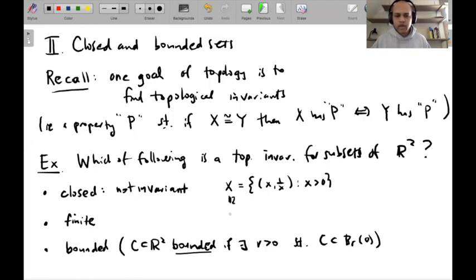This is topologically equivalent to Y, which is just the graph of the 0 function over the same part of the x-axis. But one of these is closed and the other is not.